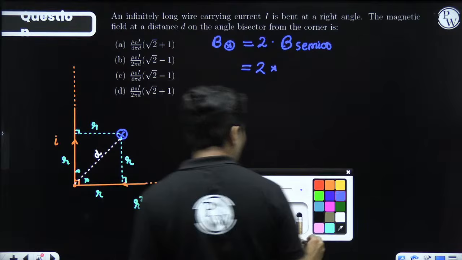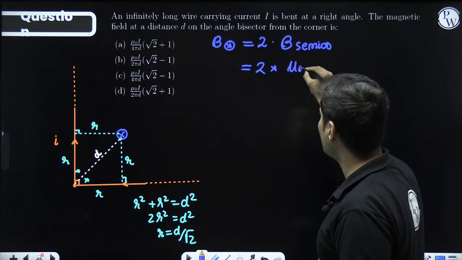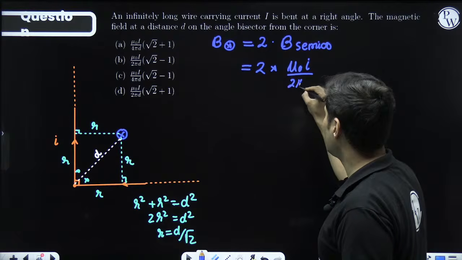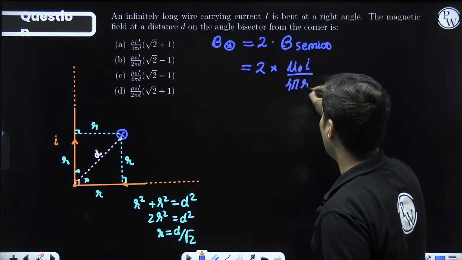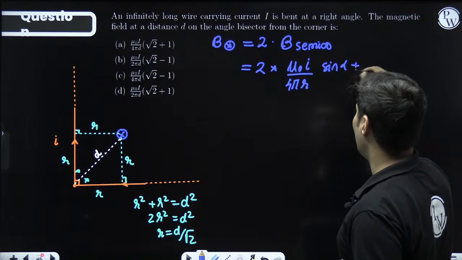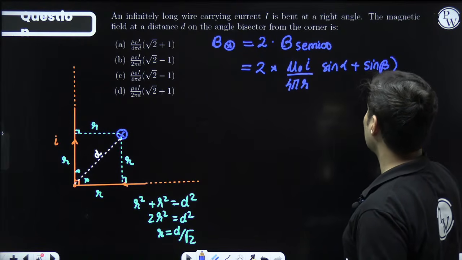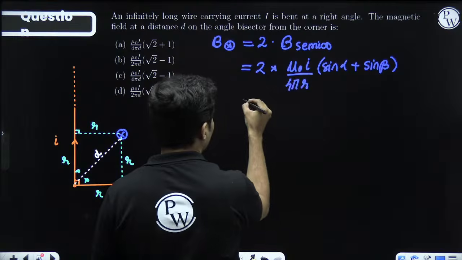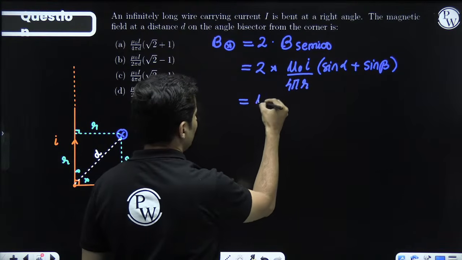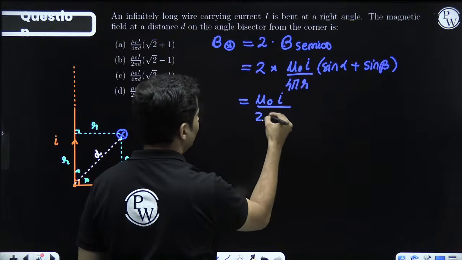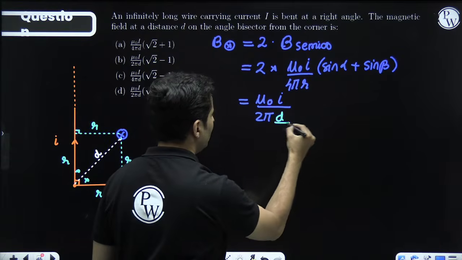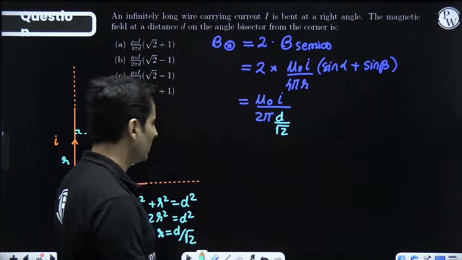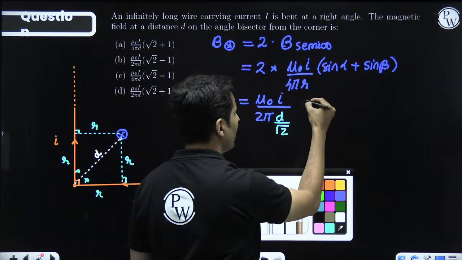Instead, use your regular formula, which would be mu naught current divided by 4 pi r, am I right? 4 pi r, and then use sine alpha plus sine beta. That's all. So over here, 2 and 4 will cancel. You will have mu naught current divided by 2 pi. R is still the same. It will be d by root 2. No doubt about it.